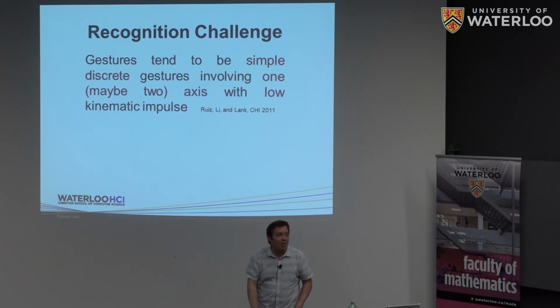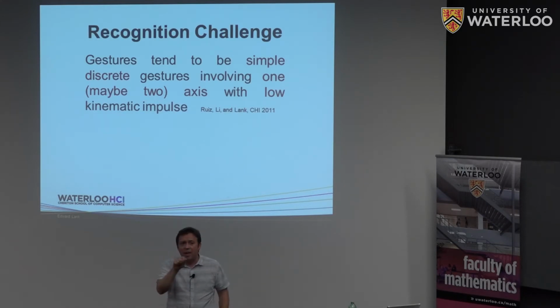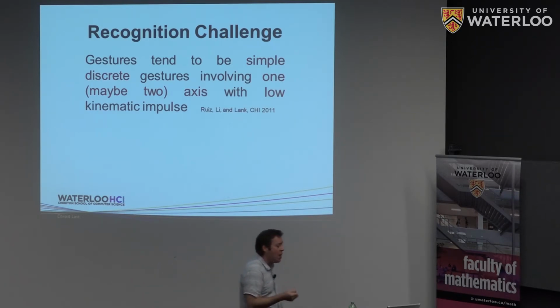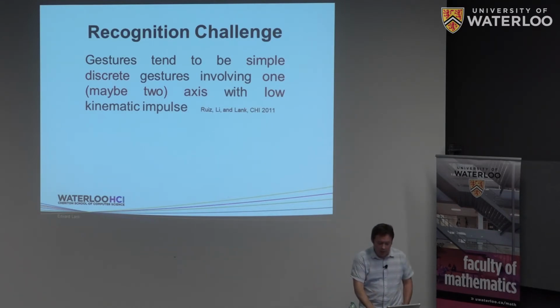And they tend to have low kinematic impulse, and this should make sense for you just from a fatigue perspective. If my motion gesture is moving my hand to the right, and I move it to the right like that, it's a heck of a lot more comfortable than if I move it to the right like that. One takes almost no effort and is very comfortable to do. The other takes a lot of effort and actually hurts my arm more and more as I get older.